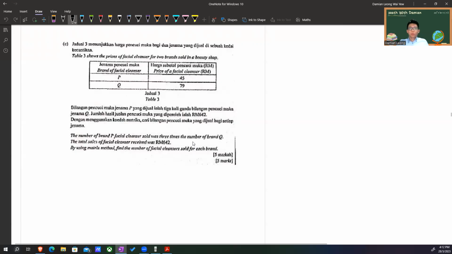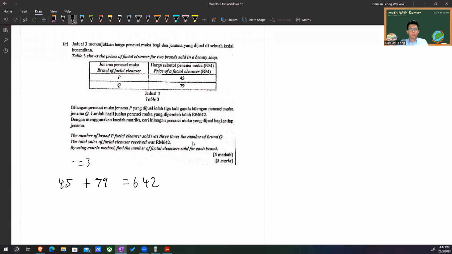So you can use XY, but for me personally, I think using PQ is easier to see since it's brand P, brand Q. So I use PQ for number of brand P cleanser and number of brand Q cleanser. Number of brand P cleanser, 3 times number of brand Q means P equals 3Q. Total sales received 642 means 45 ringgit times P plus 79 ringgit times Q equals 642.